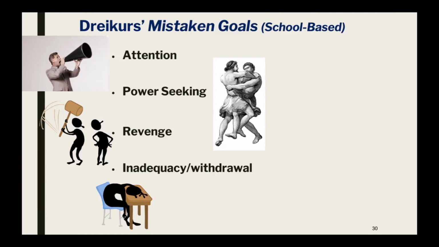But if I continue to exert my power over this student and the student feels rejected, then there's this behind the back revenge, perhaps destroying the bulletin board or writing your name or nasty things about you somewhere out in the hallway, spreading rumors regarding you.